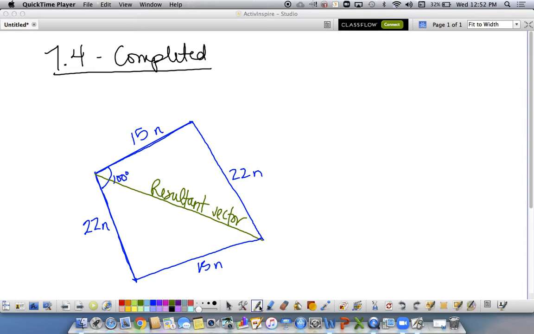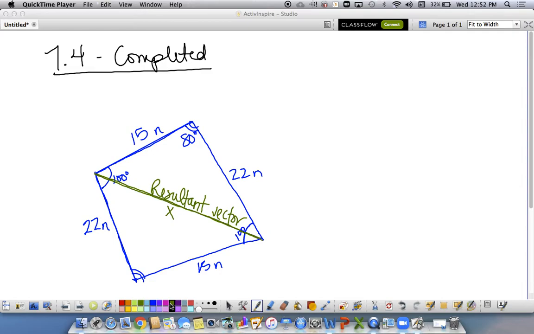So we know this whole angle up here has to be 100, not necessarily drawn to scale. So what are our other two angles going to be? That's right, they have to be 80 degrees. How are we going to find the length or the magnitude of our resultant vector? I'm just going to put an X there.